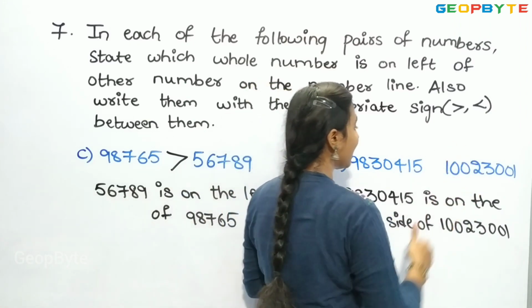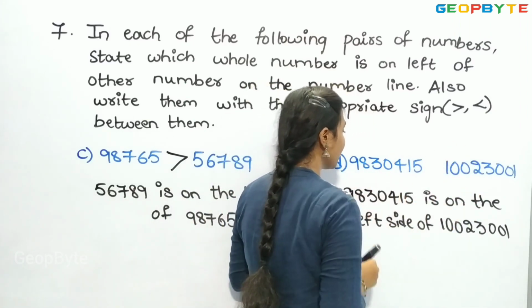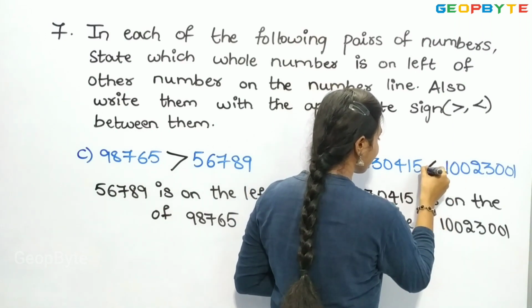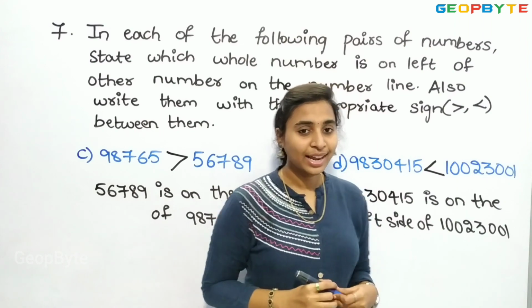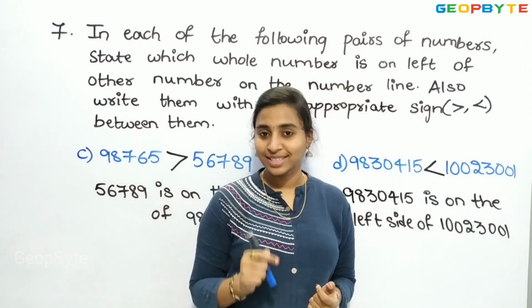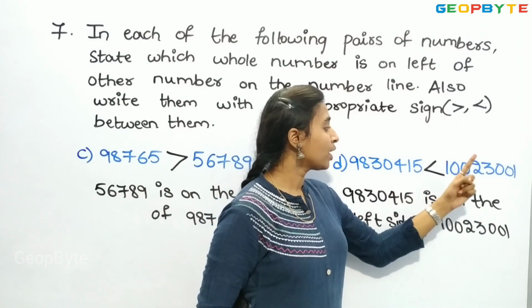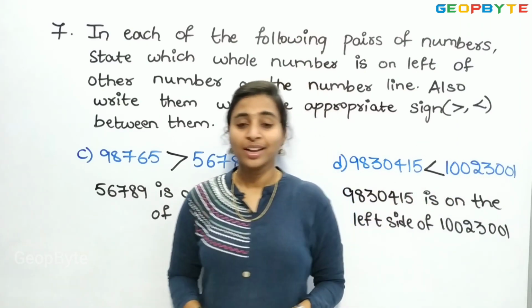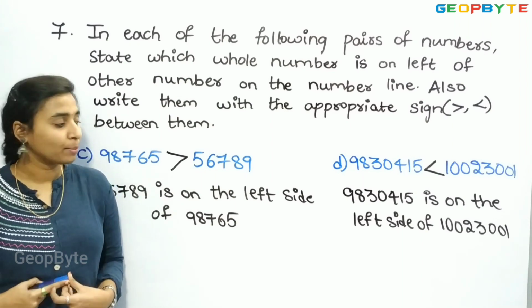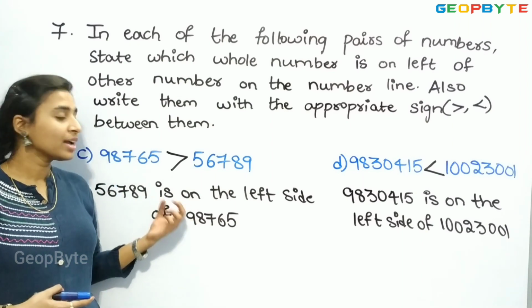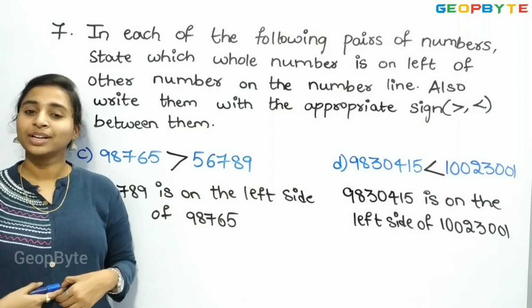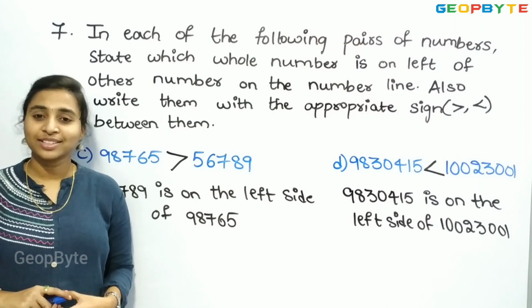So, this is the greater number. This is the smaller number. So, let us put the less than symbol. Right? See, 98 lakh 30,415 is less than 1 crore 23,001. So, by this we have completed the 4 pairs of numbers, writing the number which comes on the left side on the number line and also finding out the greater number and the smaller number.